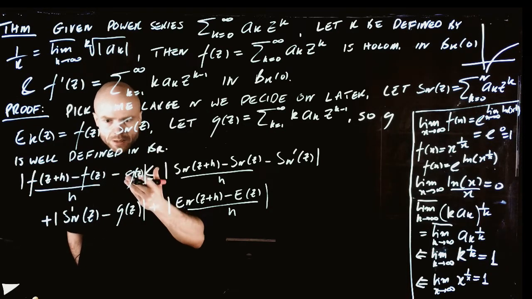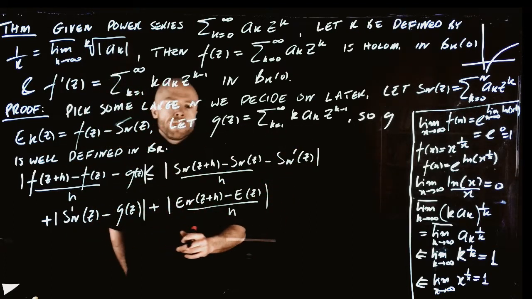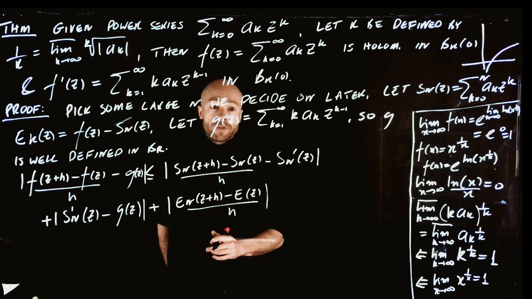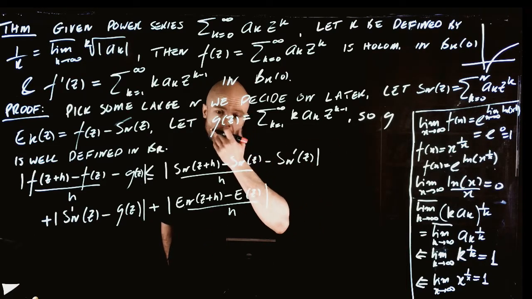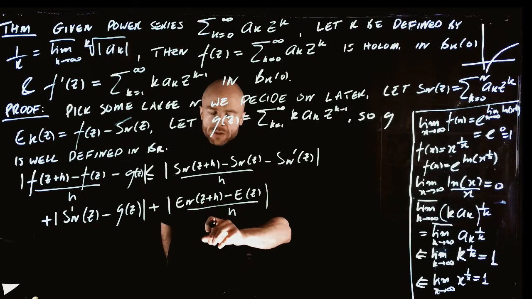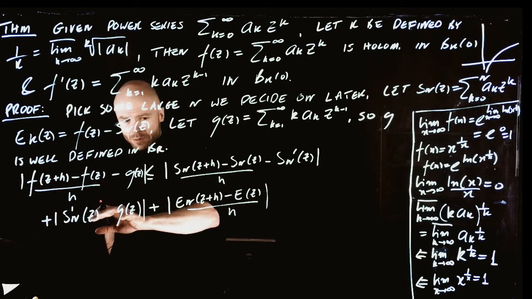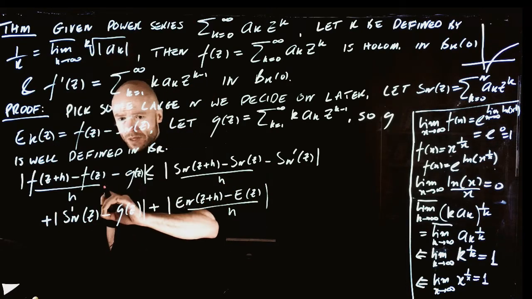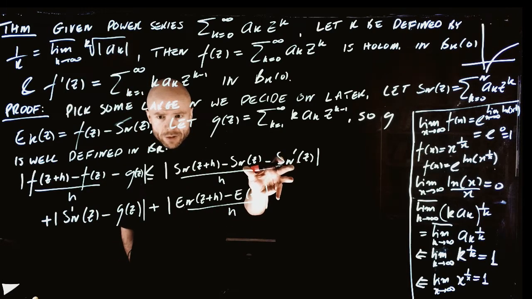So that's our job. We want to control each of these three things, and we've taken some large n. I haven't specified what it is yet. We are going to first choose the n to make this thing small and this thing small. Once we've chosen and fixed n, we're going to choose the h to make this thing small. That's our strategy.